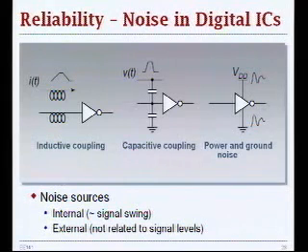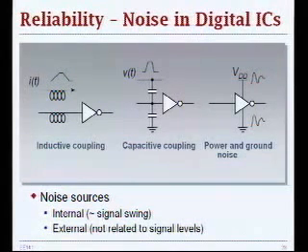Most of these noise sources are internally generated inside the circuit, intrinsic to the circuit configuration, and those are typically proportional to the signal swing. So for example, if you have your signal going from 0 to VDD, then you can expect your noise at this node to be somewhat proportional to that signal swing.